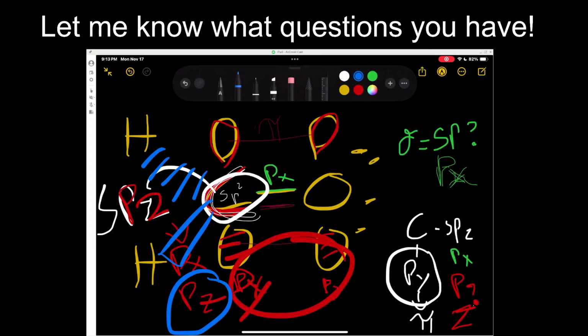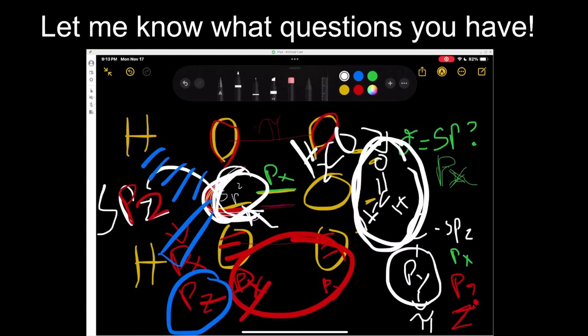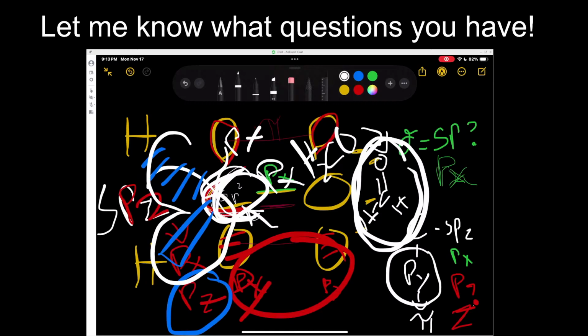I think the answer key could be served by suggesting to students, once you draw the Lewis structure for this, if we just gave you H2CO and you try to draw a Lewis structure for that, you'll get the fact that this carbon needs to be sp2, and then we know that the px is here, the py is already being used for the pi bond, so something about these bonds needs to show pz and px.